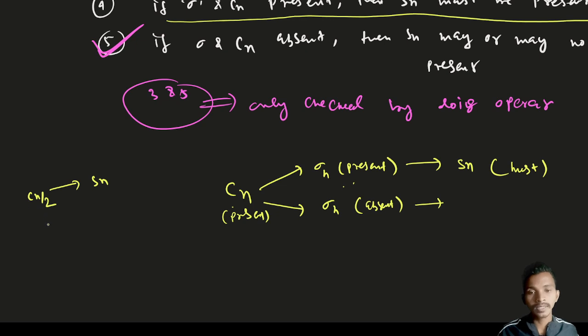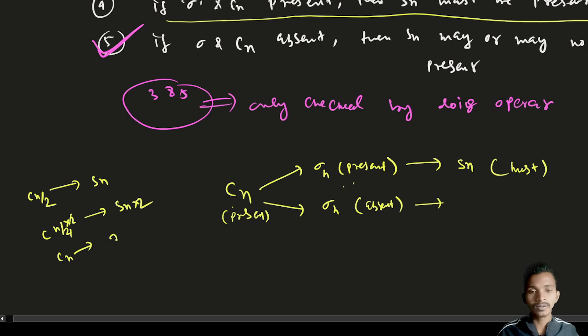So if Cn/2 is present and I multiply by 2, then here we get S2n. So if this Cn is present, then S2n.